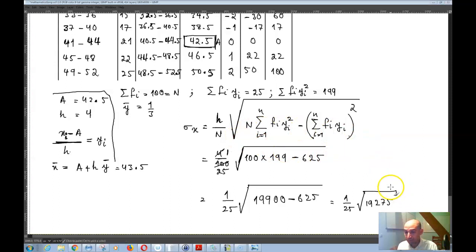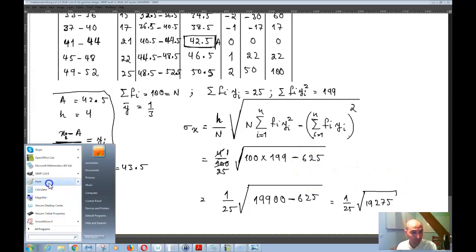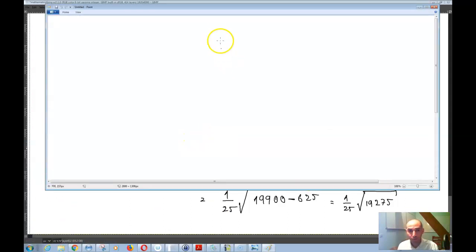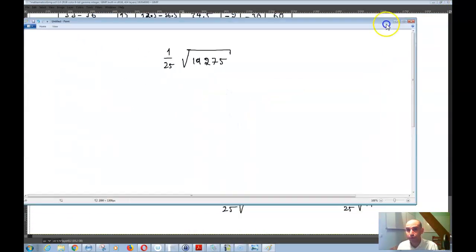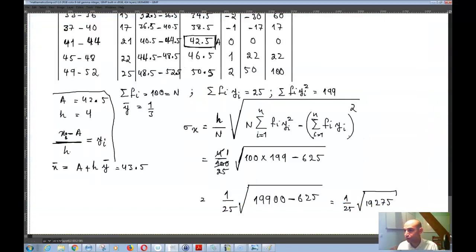Let me make some note over here. So you have 1 over 25 square root of 19,275. And let me then create some space here.